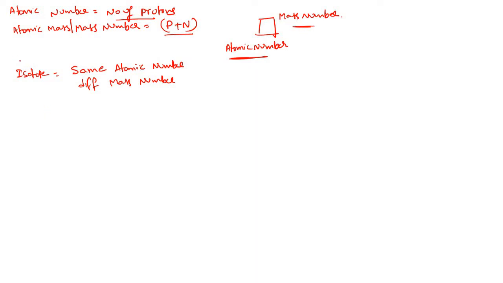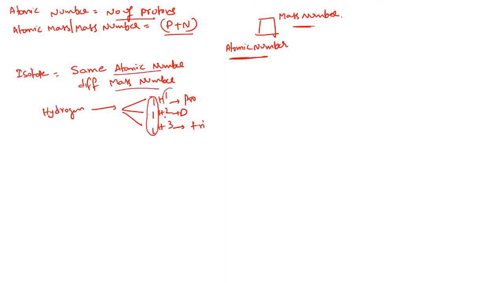So first we'll take hydrogen as an example, and we know hydrogen has three isotopes. Okay, protium, deuterium, tritium. If we see, isotope means same atomic number; here atomic number is same but different mass numbers, so these are mass numbers, so mass numbers are different.